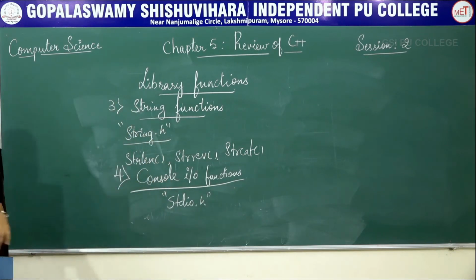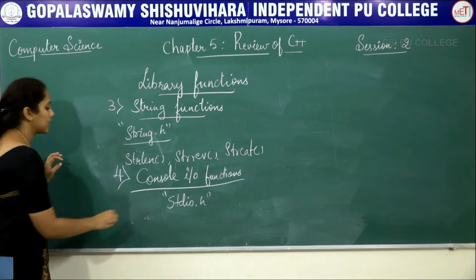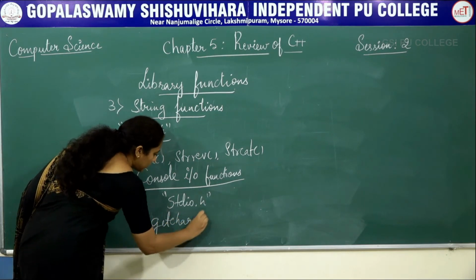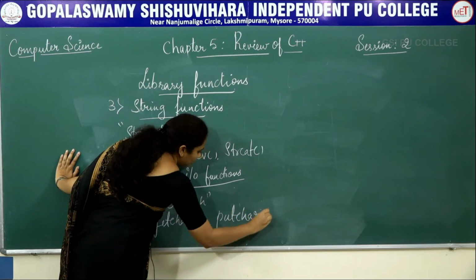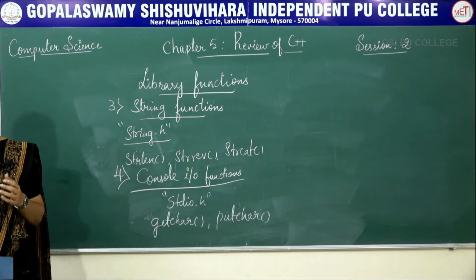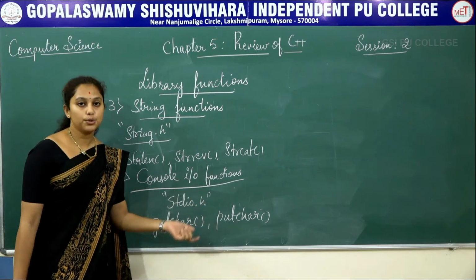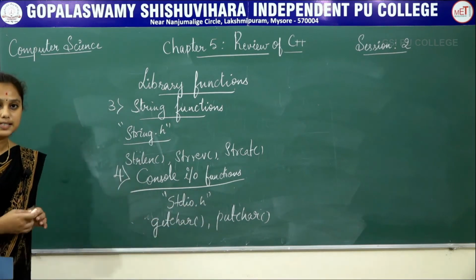Some of the examples for console input output are getchar and putchar functions. The getchar function is used to accept a character from a standard input device, and the putchar function is used to display the character on the standard output device.